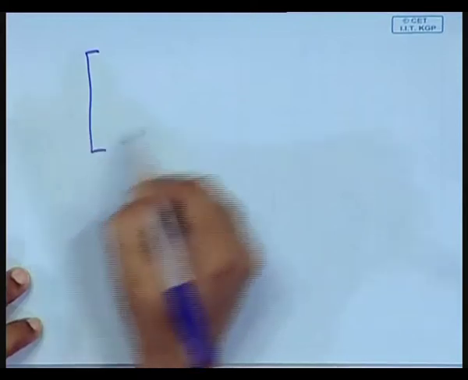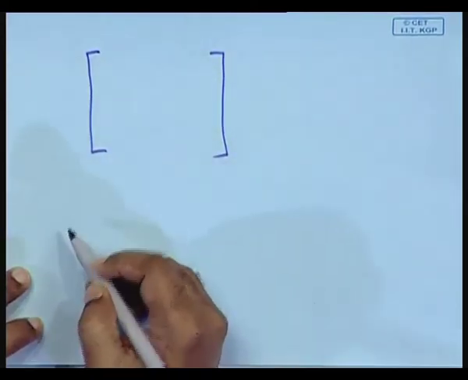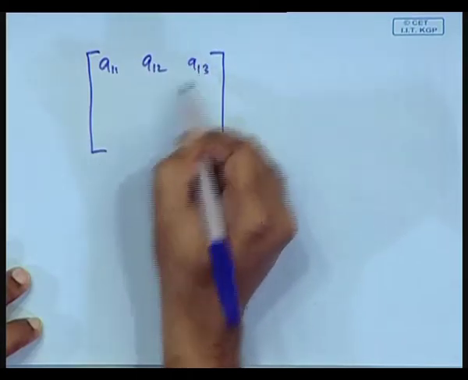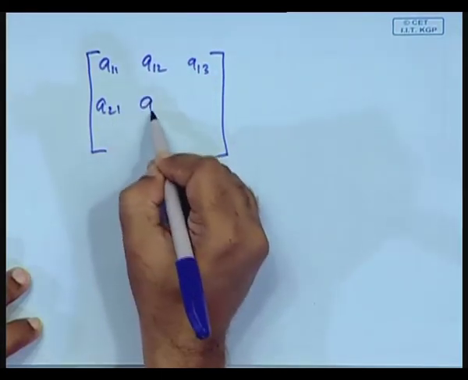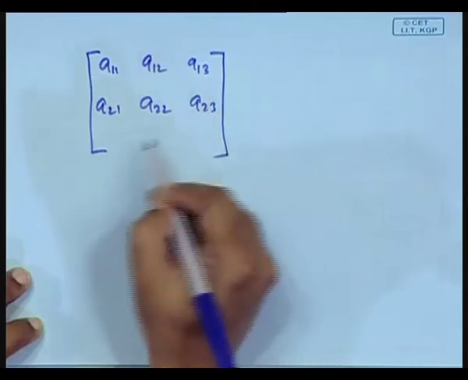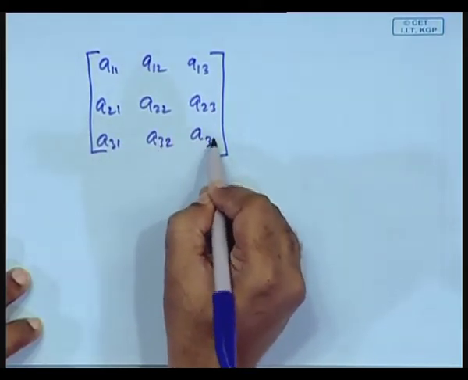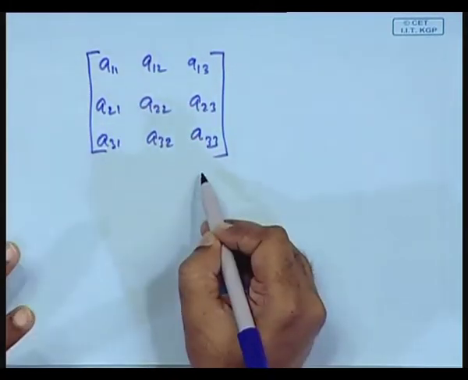If you have a 3-dimensional system, which means you will get a 3 by 3 matrix.